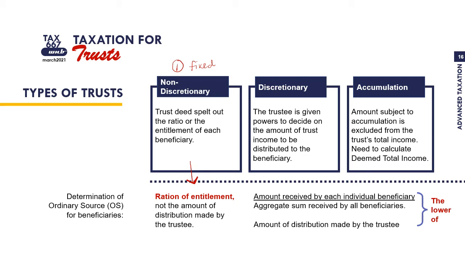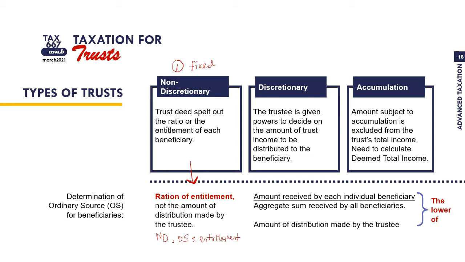Since we have two figures here, for non-discretionary trust, bila nak tentukan dia punya ordinary source, OS, we will choose the entitlement. Berapa yang waris layak dapat, bukan berapa yang pemegang amanah dah bayar. That one untuk non-discretionary trust.